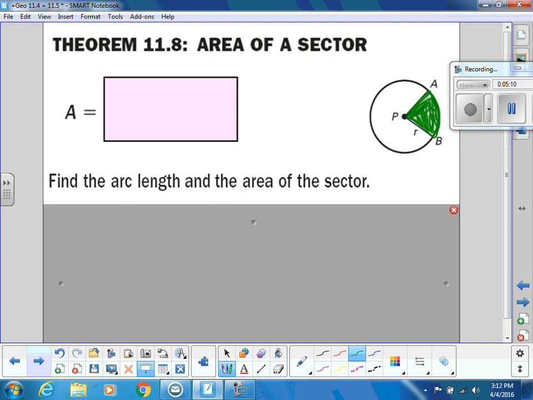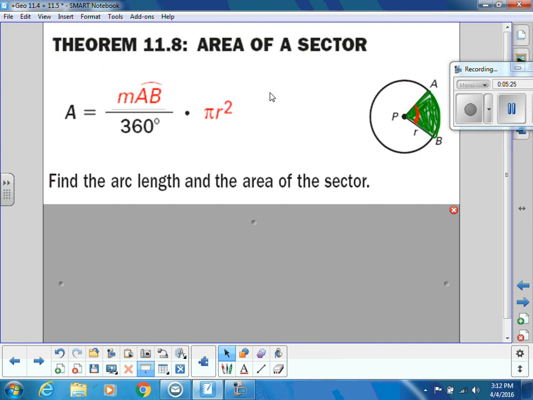So notice it's not the whole circle, it's just part of the circle. So again, if I want to know which part, I'm going to use that central angle again. That central angle over 360 will tell me how big of a piece that is. So our formula for a sector is the measure of AB over 360 times pi r squared.